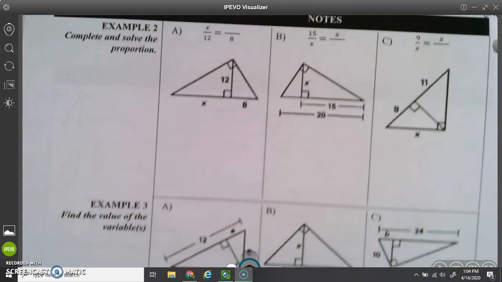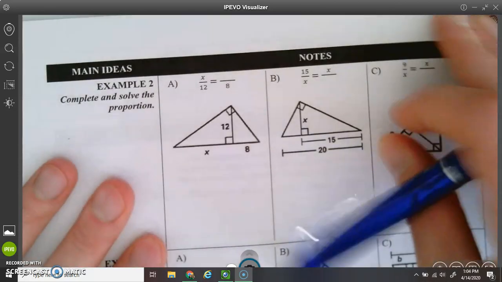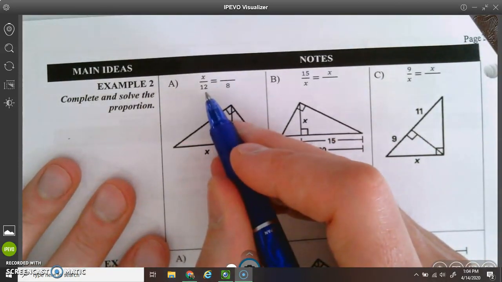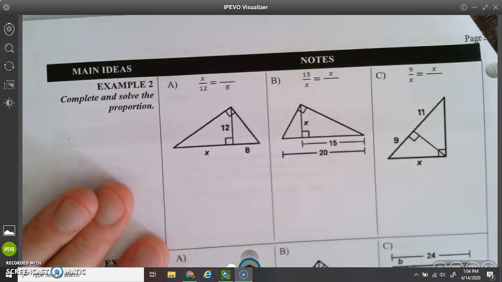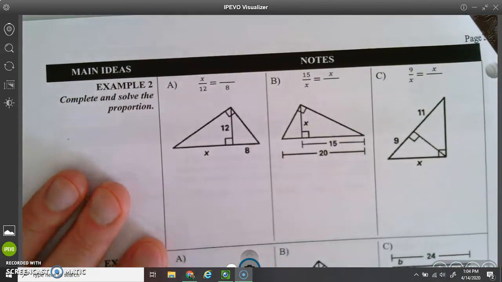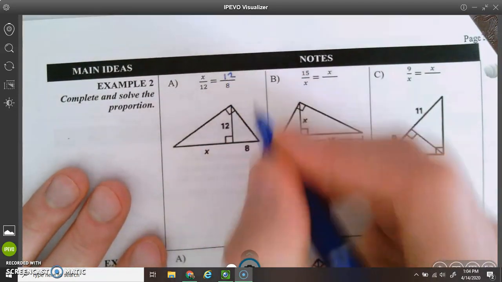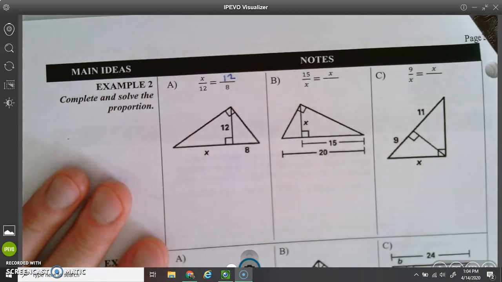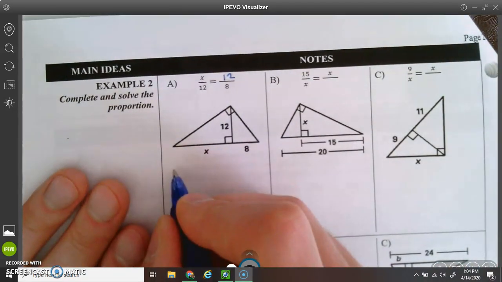Flip the page. So here I have example 2. Setting at the top, I have x over 12 is equal to blank over 8. So setting up the proportion from the previous page, I know that 12 is the altitude, so that 12 needs to go here as well. We cross multiply: x times 8.